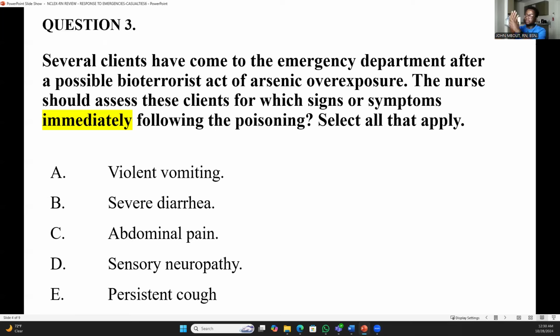So if the victim comes, you can grab the hand to preserve the specimen, or you carefully remove the cloth and place it in a paper bag. Do not place it in a plastic bag because the plastic bag might produce moisture that might damage the evidence. You might have seen some questions and they ask you select all that apply.